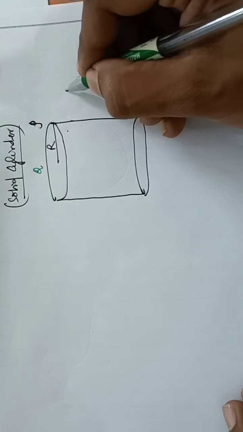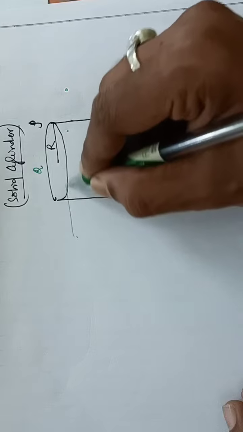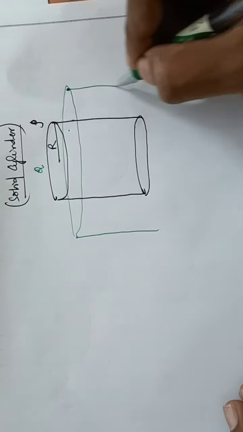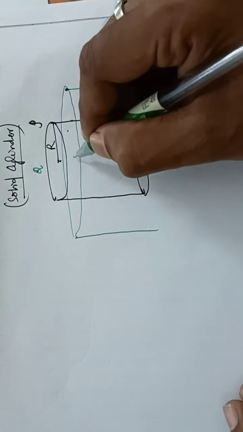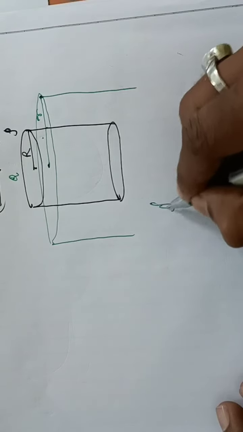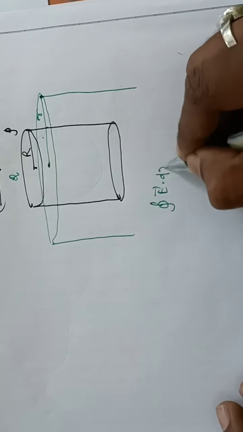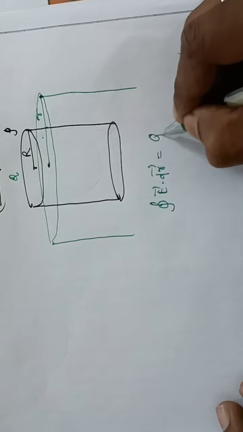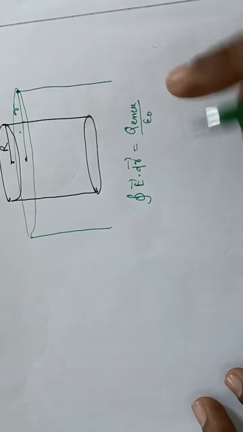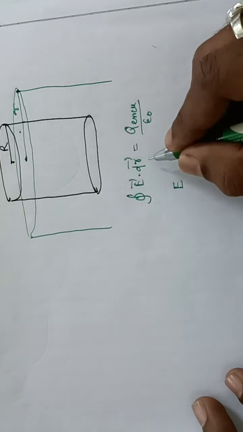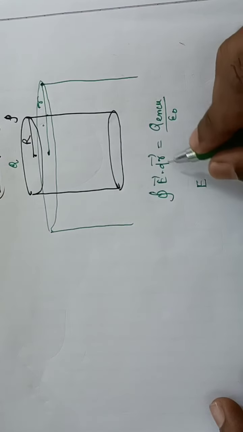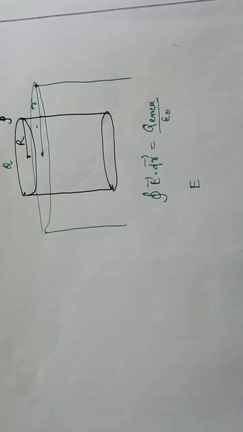For the outside region, I will draw a Gaussian cylinder which encloses the charged cylinder, and I will write its radius as r. My basic Gauss law says E dot dA equals q enclosed upon epsilon naught. The angle between E and dA can be considered parallel.